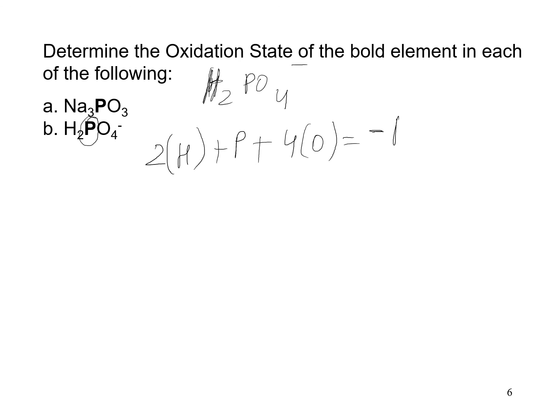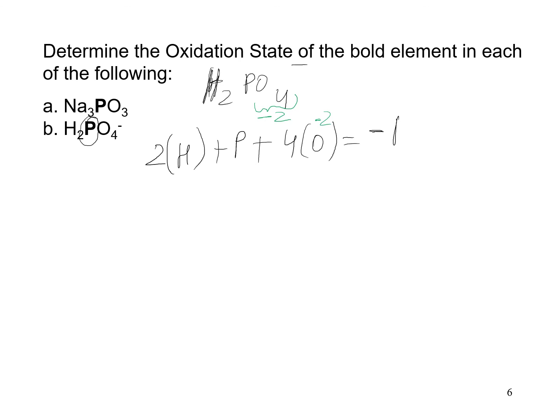Now I go to the next rule, which tells me that the oxidation number of oxygen is usually -2, unless it's a peroxide. I know this isn't a peroxide, so I can assume in this case that each oxygen is -2. So I know that right now. I can write this as -2. Okay, what's the next rule?